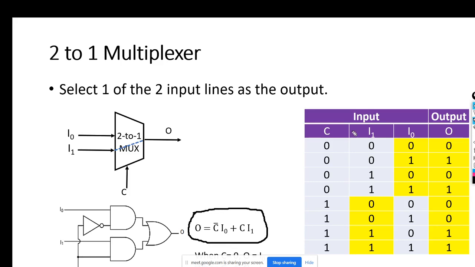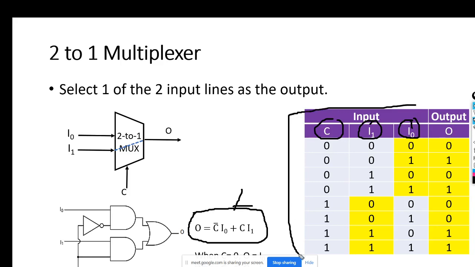Now if you write the truth table for this one, we need I0, I1 and C. Because there are three inputs, we have 8 possible input combinations. If you substitute those values into this formula and get the output, you will get something like this. You can always do it.